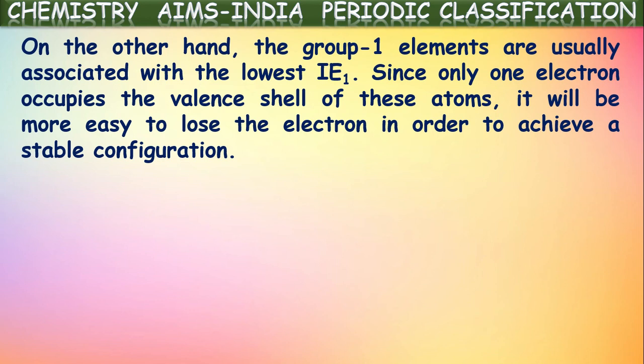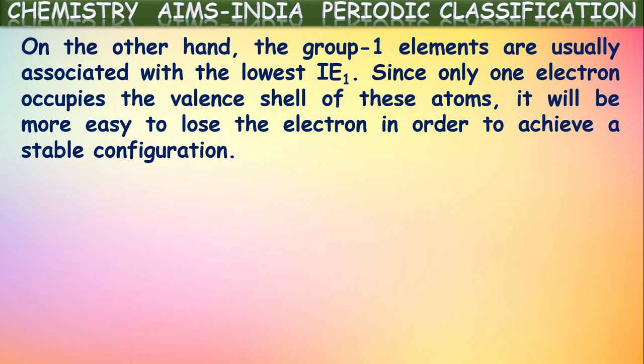Whereas if you see the extreme left side elements, they are alkali metals or first group elements. They are the elements which have greater size in a period. As they have a greater size, the distance from the nucleus to the outermost orbital will be greater, and hence the removal of an electron becomes very easy from those atoms. By the supply of a limited, minimum amount of energy only, they release electrons.